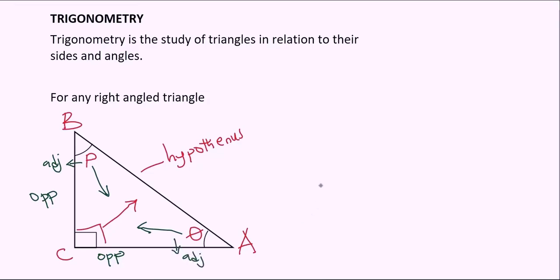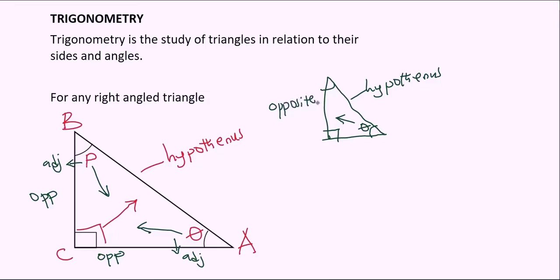So this simply means, traditionally, if we have a right angle triangle such as this, we have the hypotenuse. Then let's say we have just one angle here, theta. Opposite theta, the side facing theta, which is this end, is opposite. This is opposite for theta.